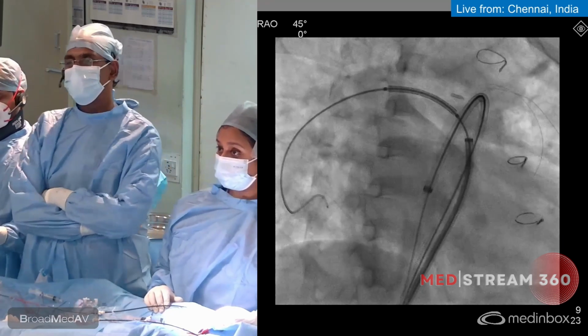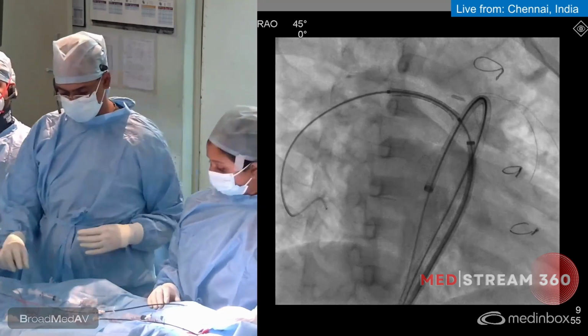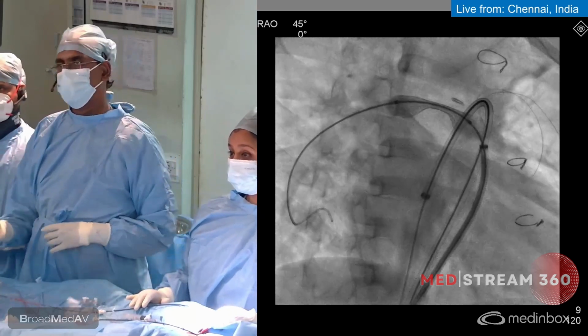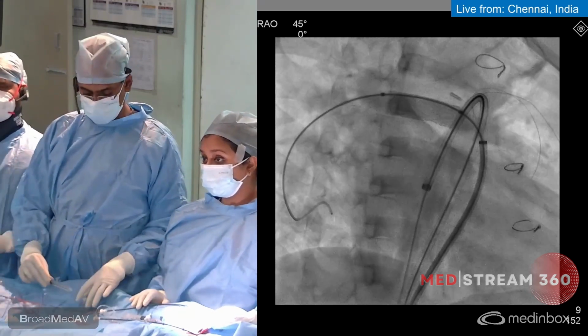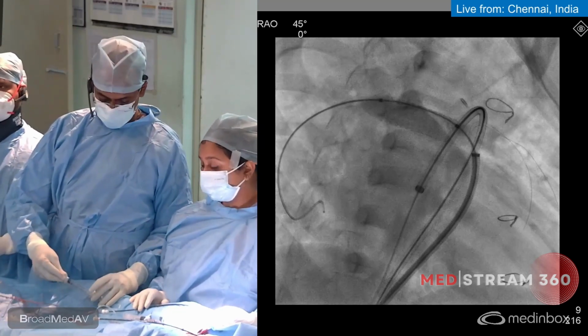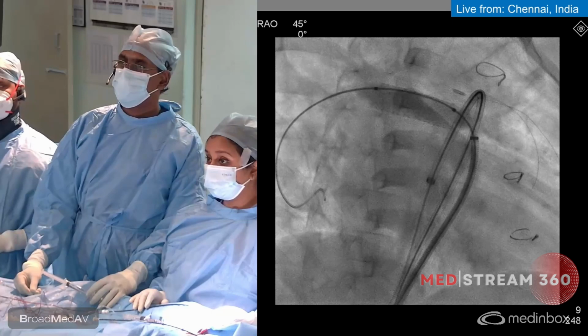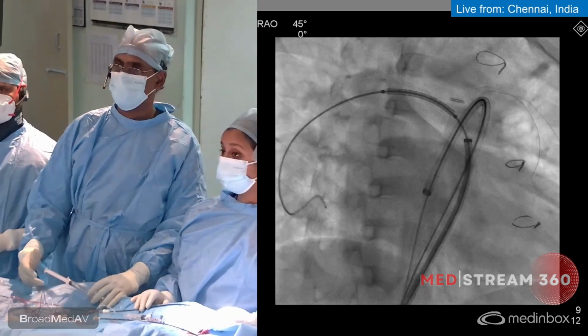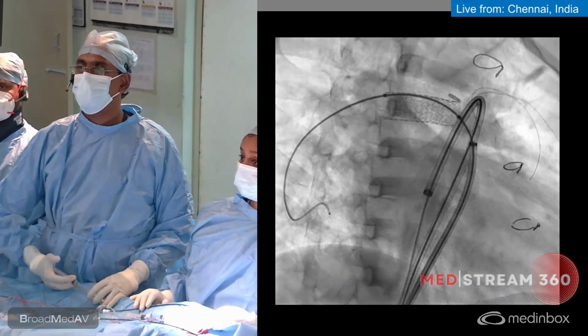Fluoro store this and show us again. So this is the expansion sequence. Our proximal end of the stent is remaining proximal to that metallic marker throughout. Let us see the position now.